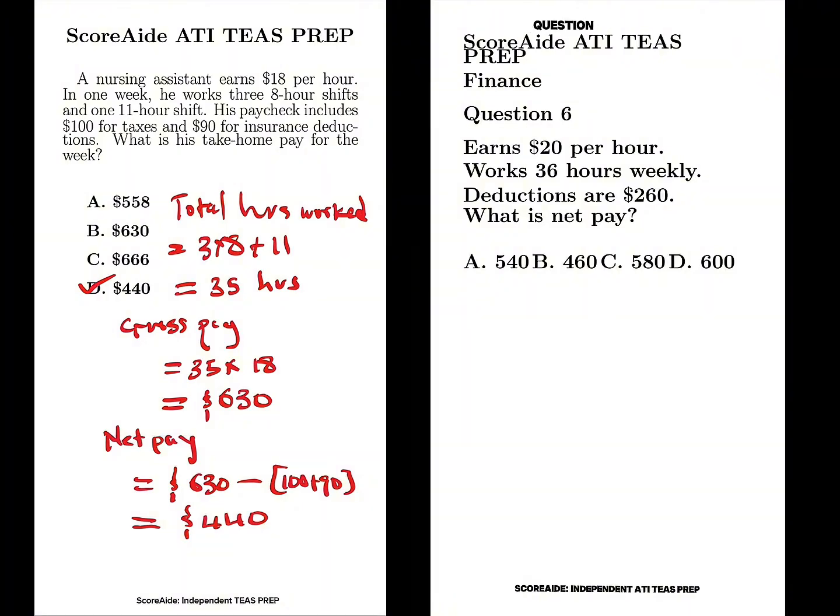Now let's look at question 6. Earns $20 per hour, works 36 hours weekly. Deductions are $260. What is the net pay, right? So, worked 36 hours, rate $20 per hour, right?